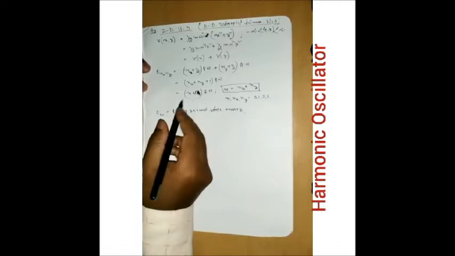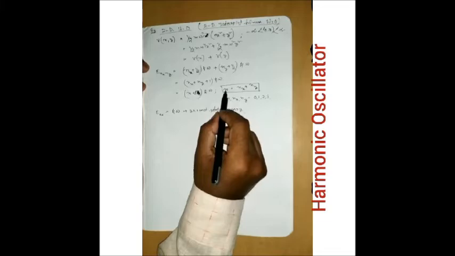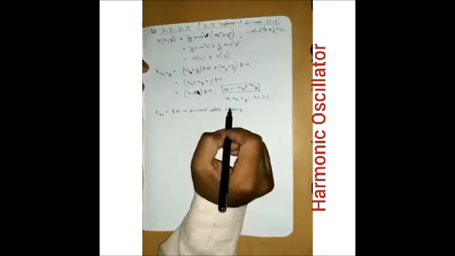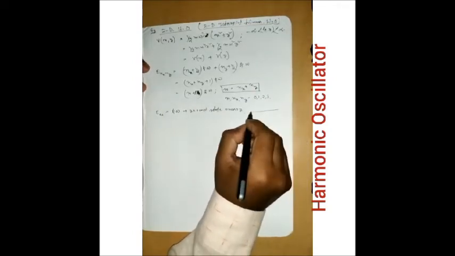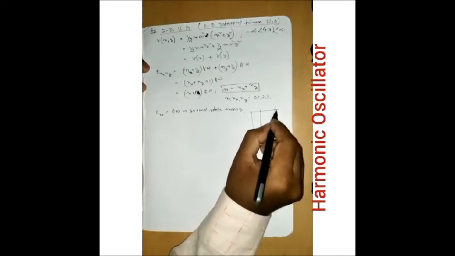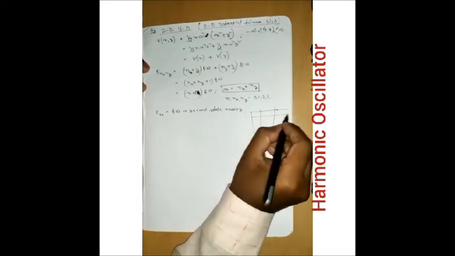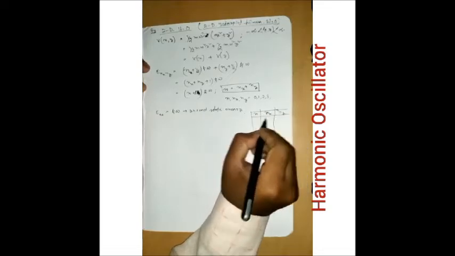And now we will get the first excited state energy. First excited state energy means the value of n will be 1. If I simply draw a table here, this is n, this is nx, and this is ny.